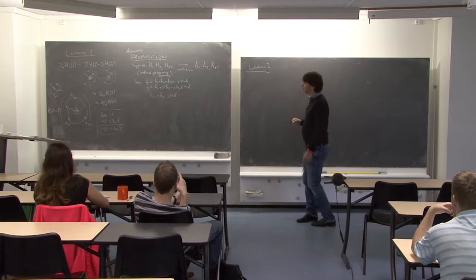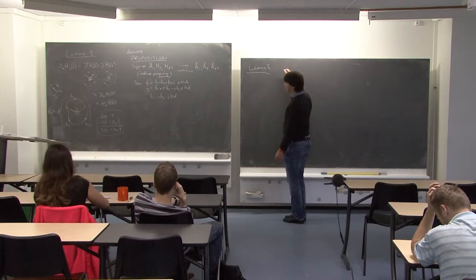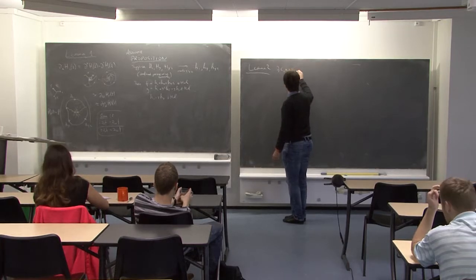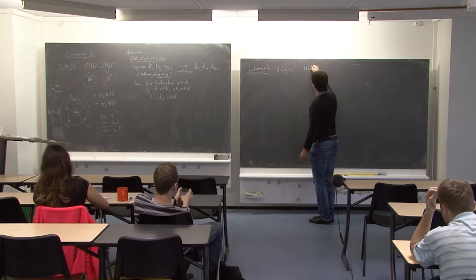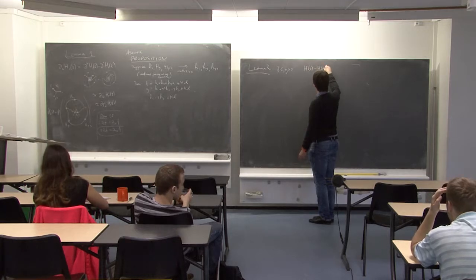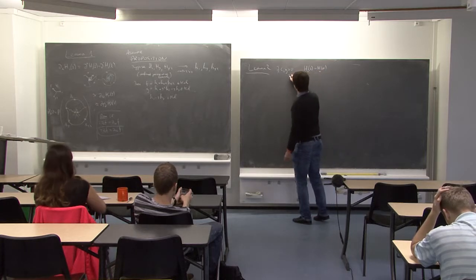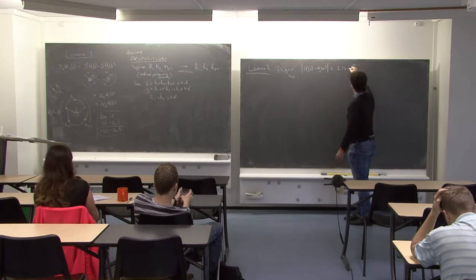So the lemma for precompactness is the following: there exists a constant C bigger than 0 so that, for any of these functions h, for any lattice, and for any epsilon, the difference h of z minus h of w is at most C times the absolute value of z minus w to the power eta.